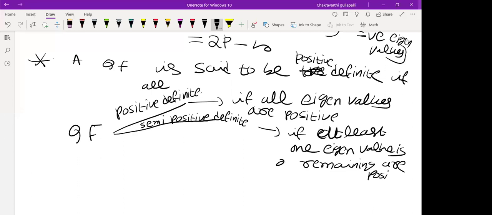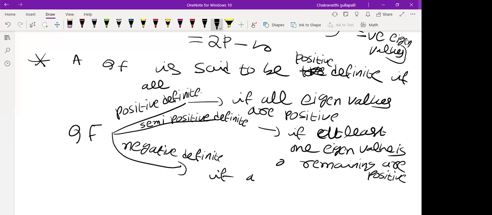So if some eigenvalues are positive and some are zeros, then it is called semi-positive definite. When is it said to be negative definite? Negative definite if all eigenvalues are negative.